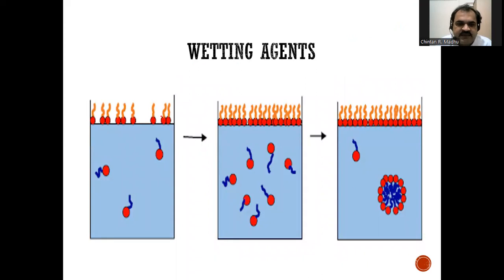Okay, these are my dye particles and this is my wetting agent. Now as your particles enter, they will form a micelle and the particles will disperse in your whole assembly, the whole container.